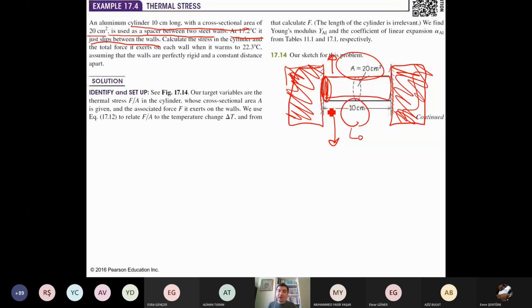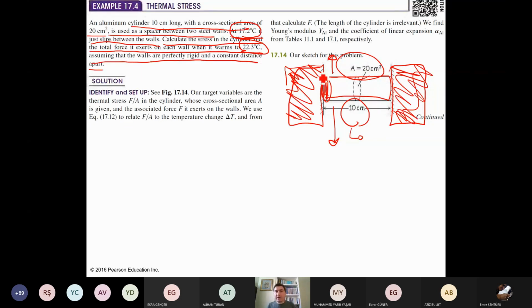But what happens if you increase the temperature up to 22.3 degrees Celsius? Calculate the stress in the cylinder and the total force it exerts on each wall when it warms to 22.3 degrees, assuming that the walls are perfectly rigid and a constant distance apart.